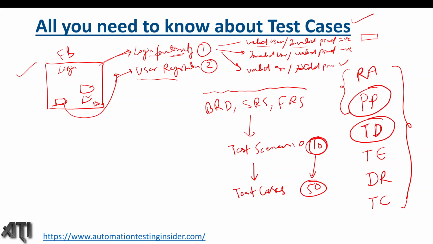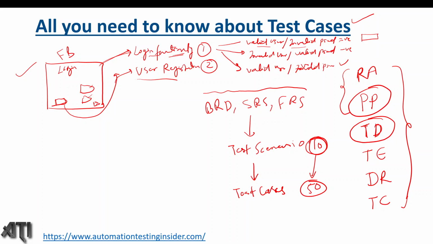So this is the relationship between test scenario and test cases, guys. Many people are getting confused about what is a test scenario and what is a test case. So this is how you can relate them easily, and you can explain it in an interview as well, if this question is asked.